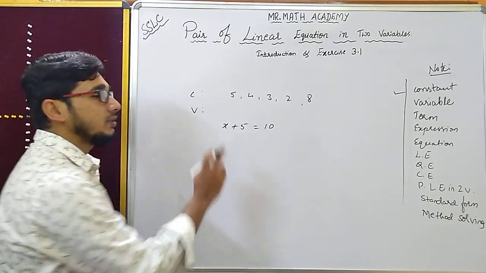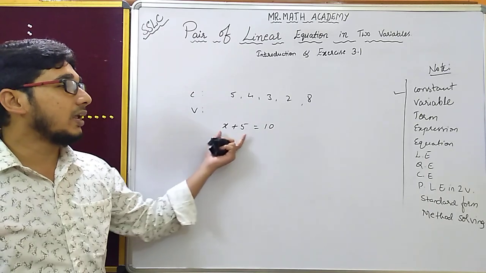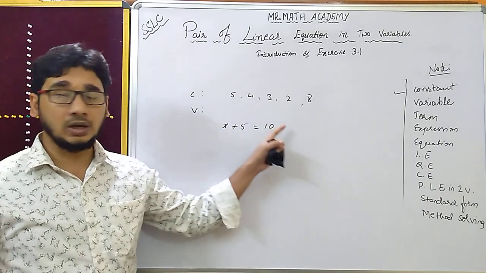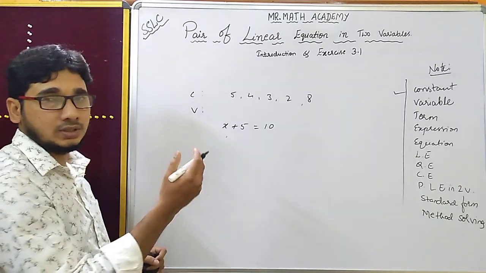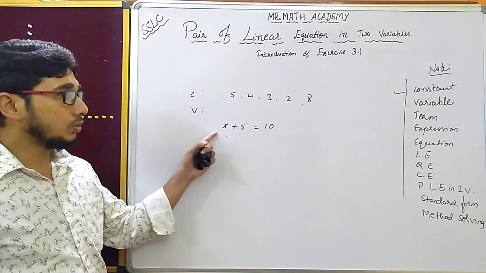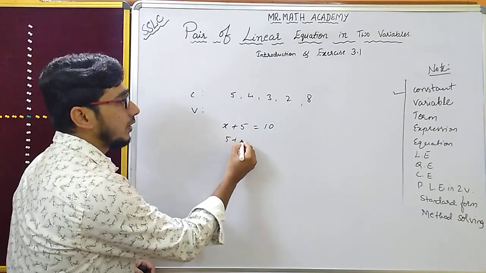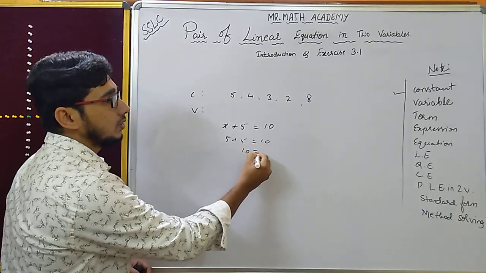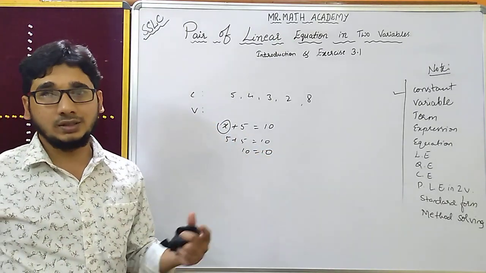Why x is called a variable means we can apply values, go on and add this LHS so that we arrive at RHS. If I give 1 plus 5, 6, not equal to 10. 2 plus 5, 7, not equal to 10. Then 5 plus 5 is equal to 10, then LHS is equal to RHS. So we can go on changing the value until we get the correct solution.